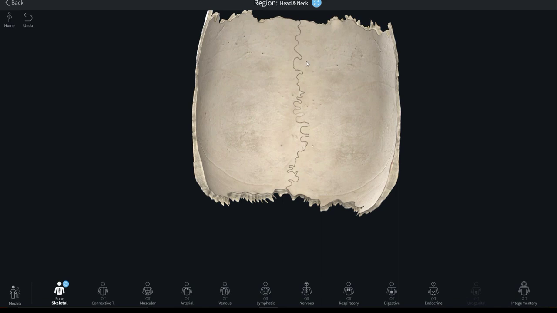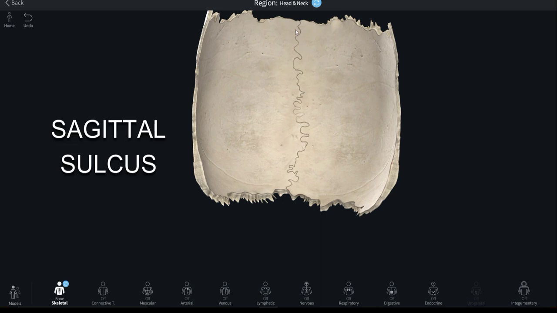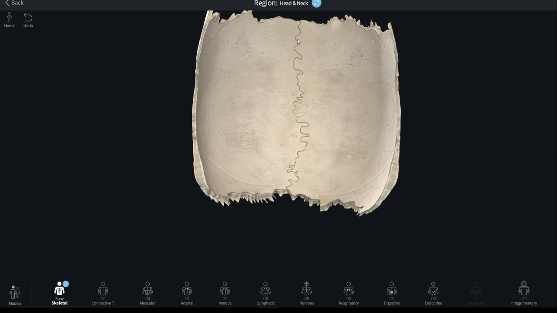These two faint grooves together, they will form what we call to be the sagittal sulcus. The sagittal sulcus. And that will actually lodge the superior sagittal sinus. So along the midline, the superior sagittal sinus will run, and along the midline we find these two grooves on either side which form the sagittal sulcus that will lodge the superior sagittal sinus.